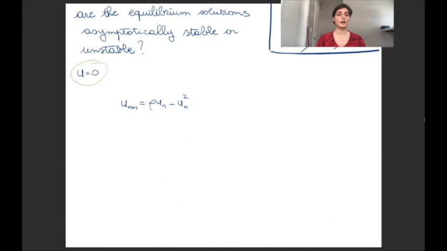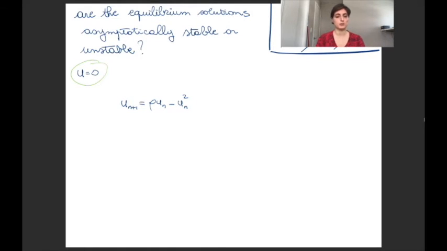So are these equilibrium solutions asymptotically stable or unstable? Let's first look at u equal to 0. We are thinking about what happens if we start in the neighborhood of u equal to 0. So if you start at a value of u0 that is small, does that initial condition go towards our equilibrium solution, or does it go away from our equilibrium solution?